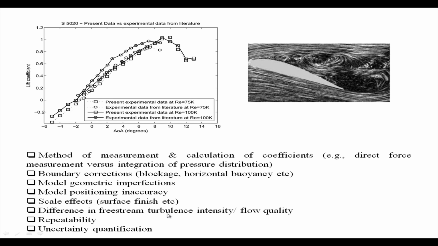We have to look at repeatability, uncertainty quantification. So, it is a very, very elaborate procedure. It may seem simple, a simple airfoil mounted in the low speed wind tunnel test section seems a trivial problem, but no, it is not a trivial problem.